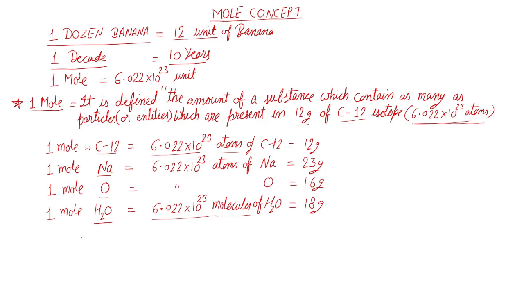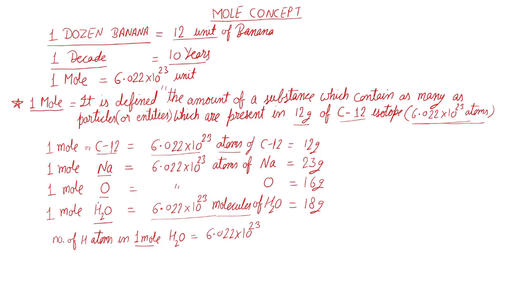Like we want to find the number of H atoms in 1 mole H2O. Okay. So remember that 1 mole H2O is a compound, we know. So first of all, 1 mole H2O means 6.022 into 10 to the power 23 molecules will be there.